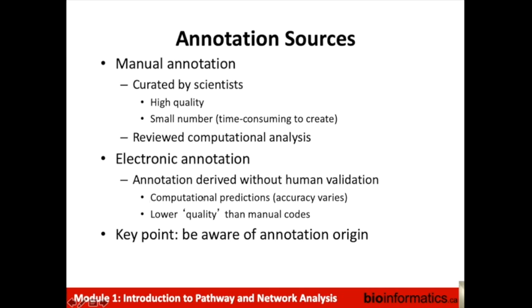Frequently it is computational prediction, and the accuracy varies. Some computational methods are extremely accurate, like methods that predict transmembrane regions in protein sequences, which are more than 95% accurate, frequently reaching 99%. But others are lower quality. So in general, this is frequently treated as lower quality than the manual evidence sources. A key point is to be aware of the annotation origin.